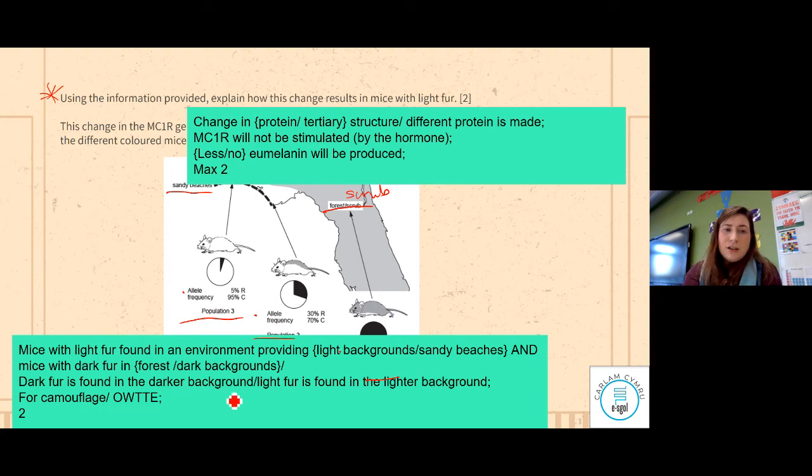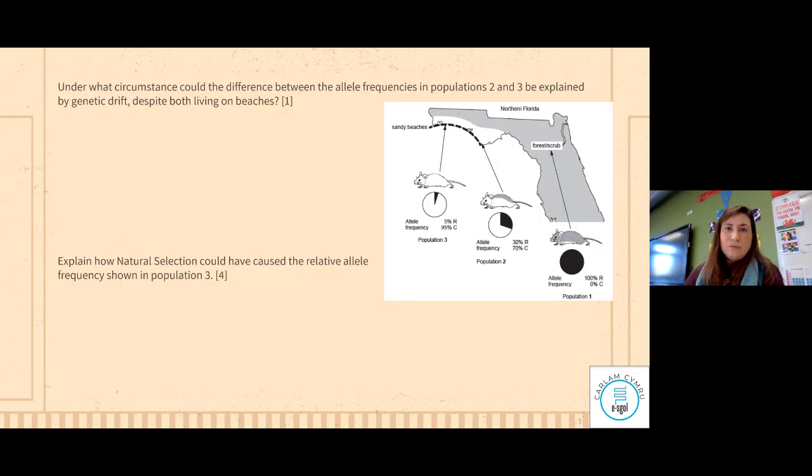Dark fur is found in the darker background, or light fur is found in the lighter background for camouflage. Okay, hopefully you were able to deduce why that one would do better in the shrub or the forest and why that one would do better on the sandy beach.